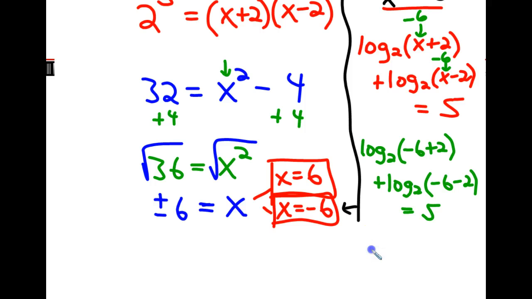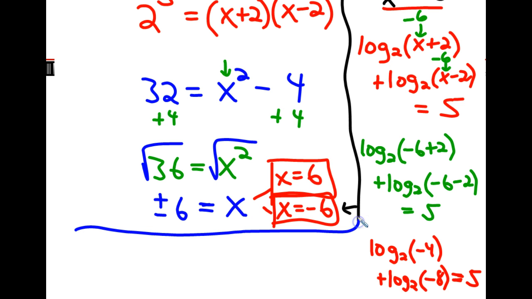So what we end up with is log base 2 of negative 4 plus log base 2 of negative 8. So both of them cause a problem, equals 5. And the reason this is a problem is because you can't take the logarithm of a negative number. It doesn't matter what the base is. If the number inside the logarithm is negative, it doesn't work out. So this has no solution.